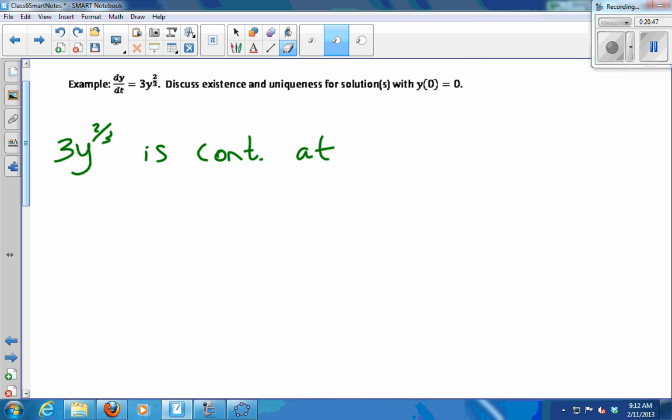It has to be continuous at the initial condition. Now we have to check that its partial with respect to y is continuous. But what does this tell us, right? The fact that it is continuous tells us what? A solution exists. Okay.